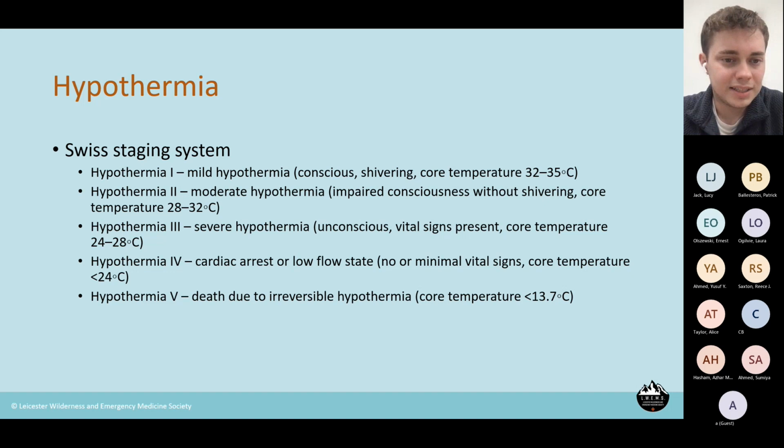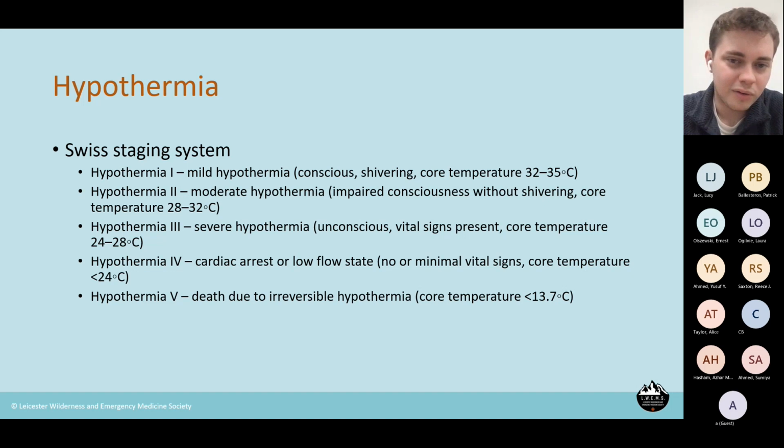And as their temperature falls, they'll lose consciousness, they'll lose their vital signs. And so someone who's a hypothermia 1 level, you can put them in a warm environment, give them warm clothes, warm drink, and they'll probably be fine.